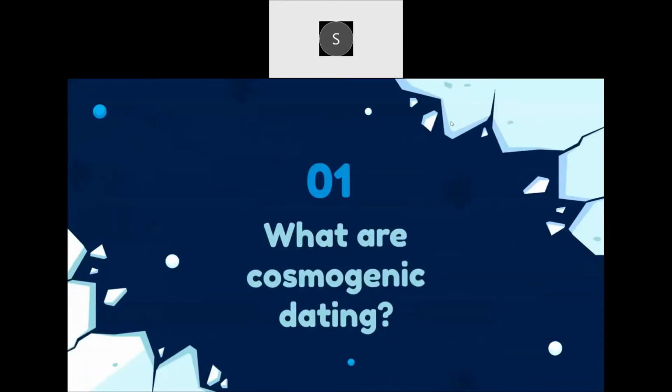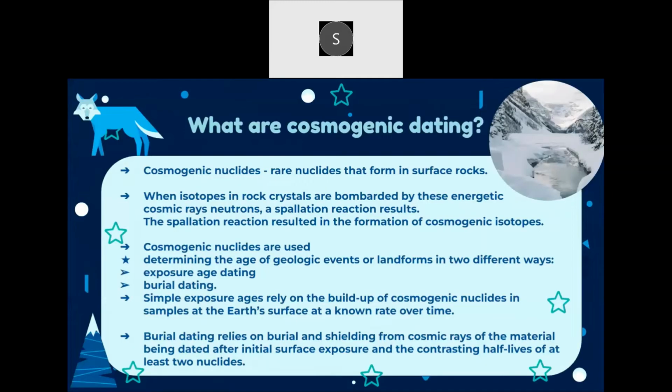Now we are going to look at what cosmogenic dating is. Cosmogenic nuclides are rare nuclides that are formed in surface rocks because of bombardment by high energy cosmic rays. When isotopes in rock crystals are bombarded by these energetic cosmic rays, neutrons, a spallation reaction results.